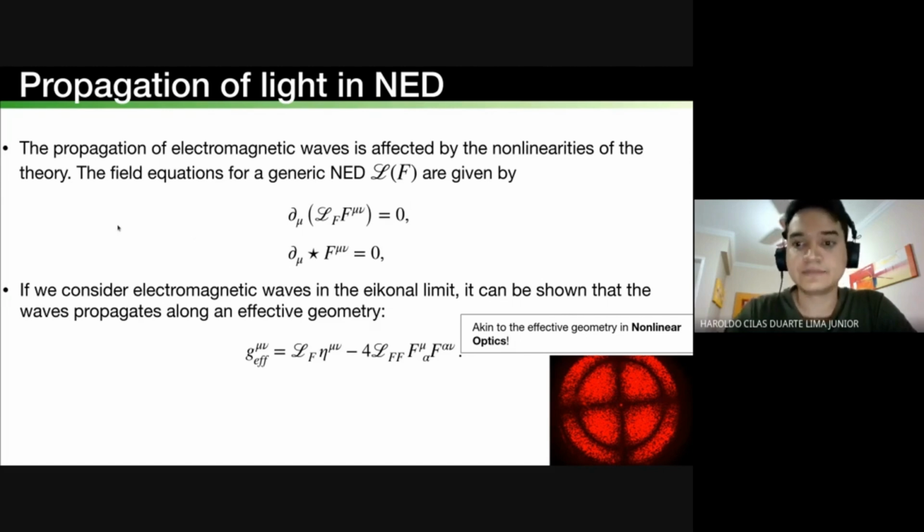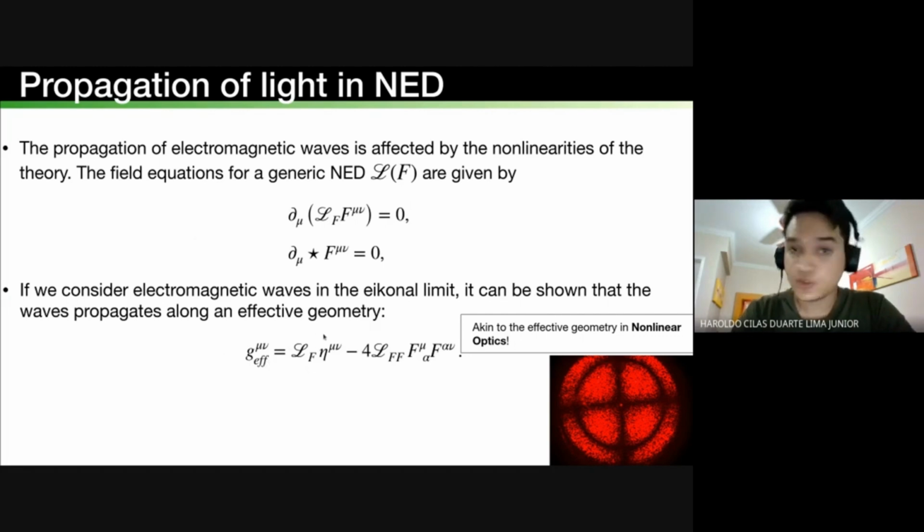in this limit, it can be shown that the waves do not propagate in the background geometry, in this case, the flat background geometry, the Minkowski spacetime, but they propagate along this effective geometry here.